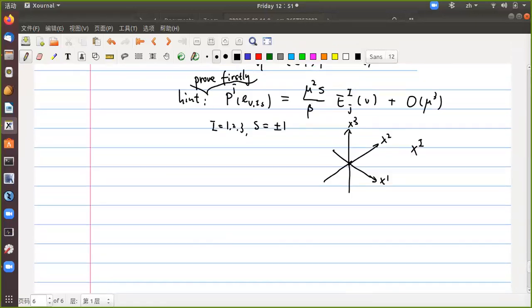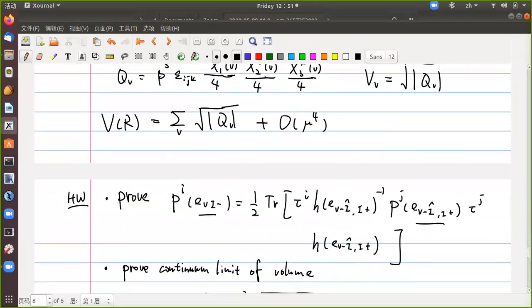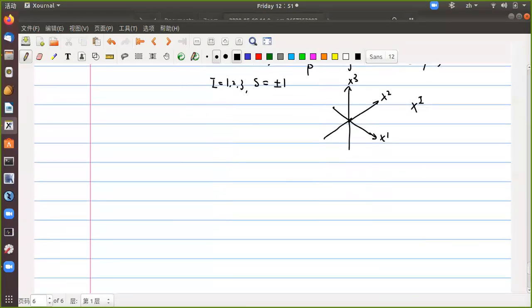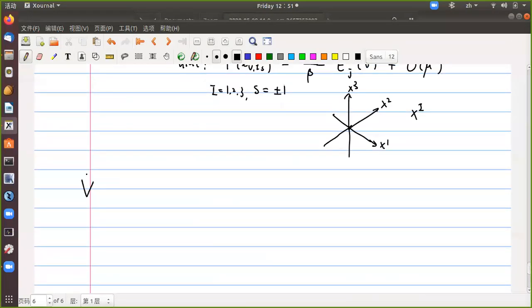Okay, so now we have written the volume in terms of flux operator. So then the quantization is straightforward. The volume operator of R equals to V hat, and here V hat equals to square root absolute value of Q hat operator. But in quantum mechanics, how to take absolute value and square root? It is actually the following.